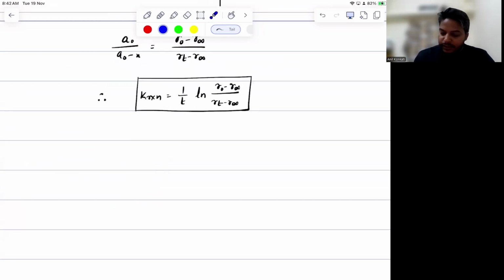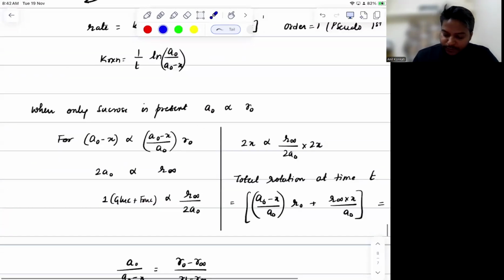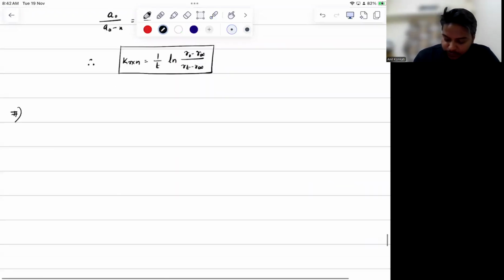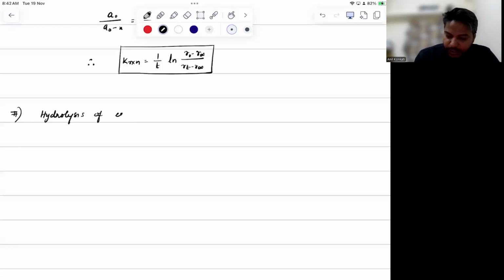Next. The next application of the first order kinetics is about hydrolysis of esters. So that is an example.